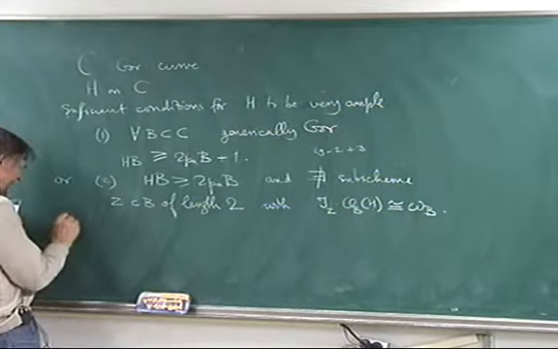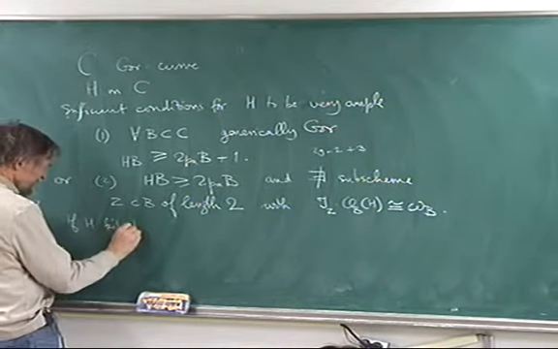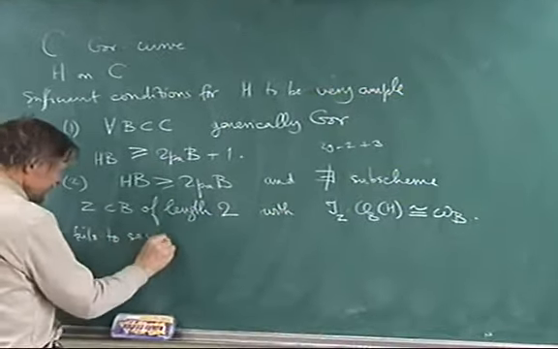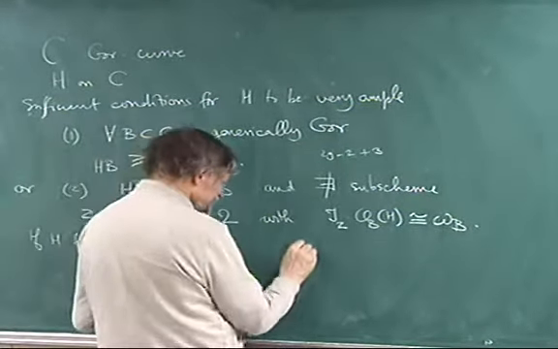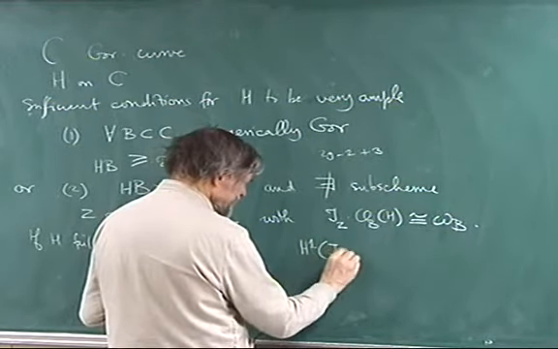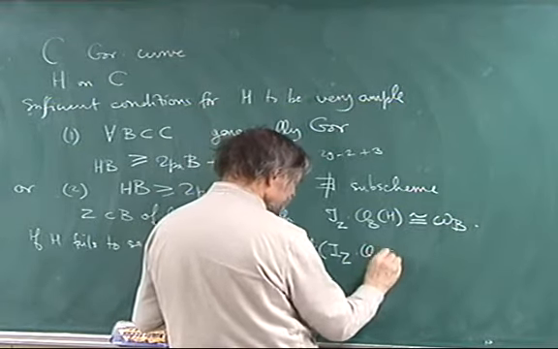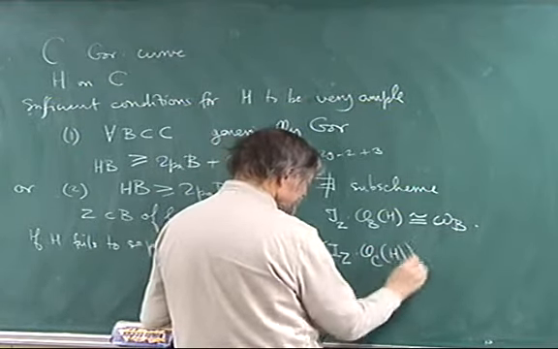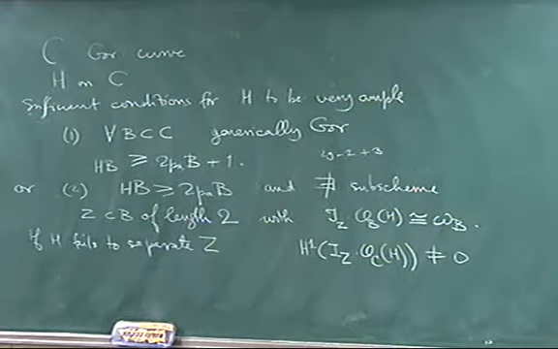So if H fails to separate Z, right? This means that H1 of IZ of OC of H is not equal to 0. Right?